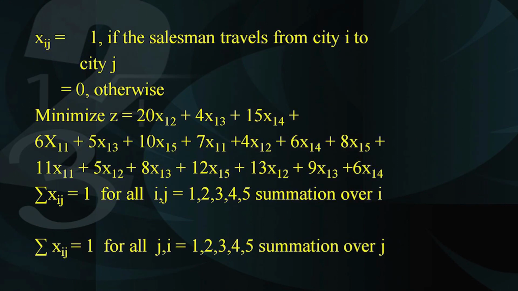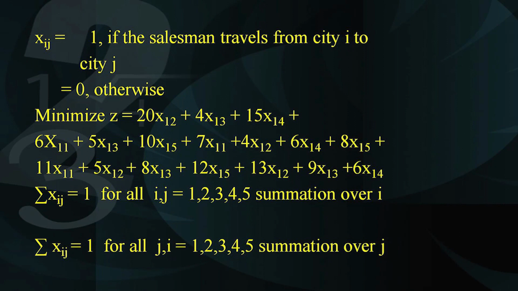Apart from this, we also have another constraint of this type, that is summation of xij is equal to 1 for all i and j varying from 1 up to 5. Similarly, summation xij is equal to 1 for all j and i varying from 1, 2, 3, 4 up to 5.